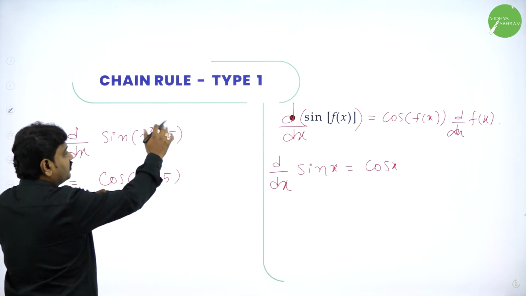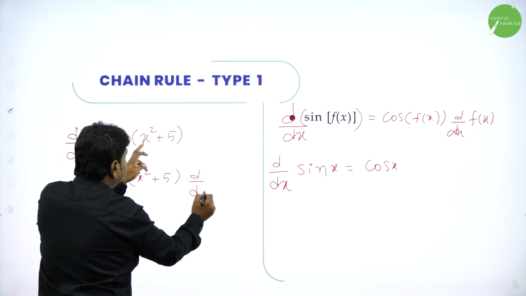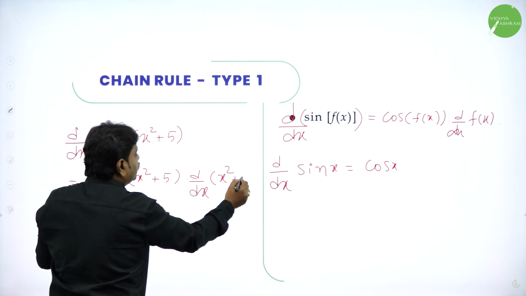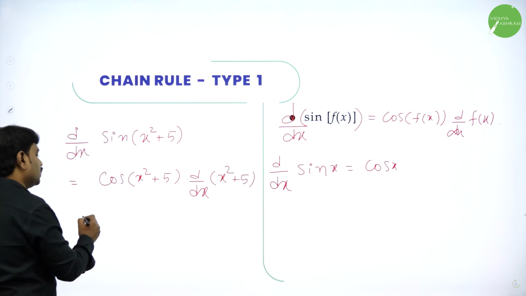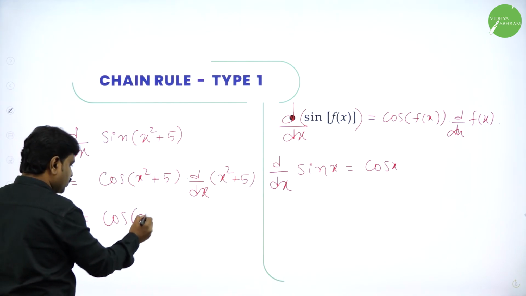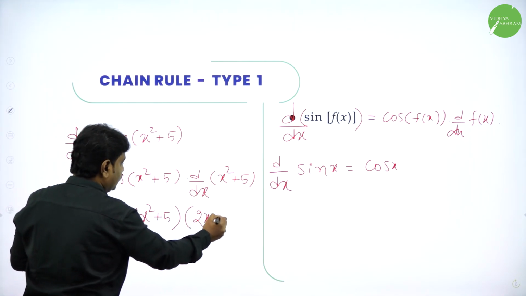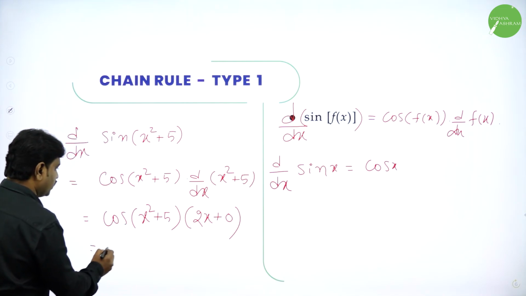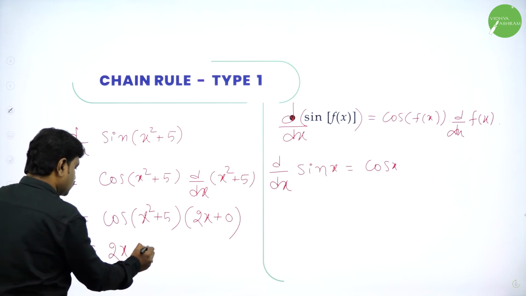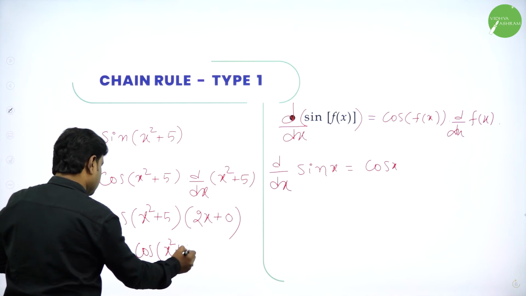When I observe this is not x, this is a function of x, so into d by dx of the internal function. So the chain continues when you have an internal function. Now that is cos of x square plus 5 into d by dx of x square, which is 2x, plus the derivative of 5, which is 0. So finally you will get 2x into cos of x square plus 5. This is the answer.